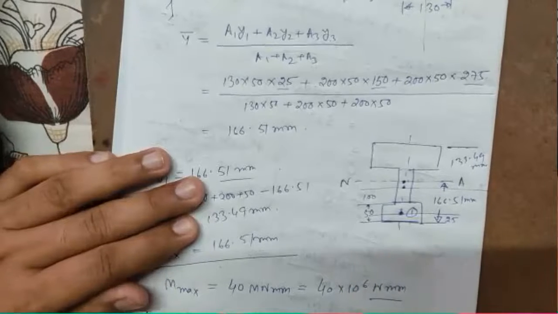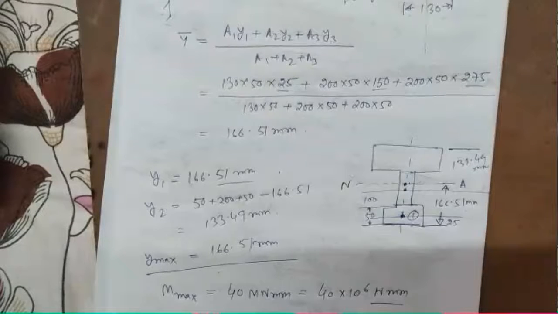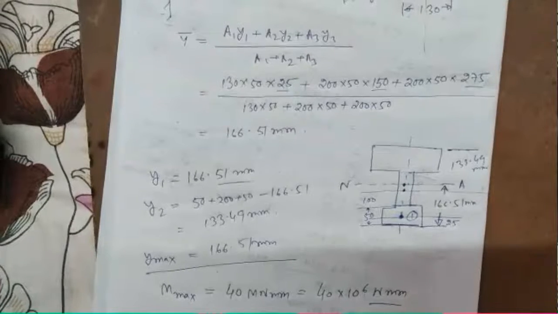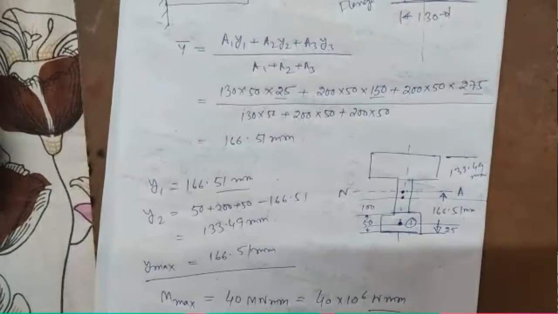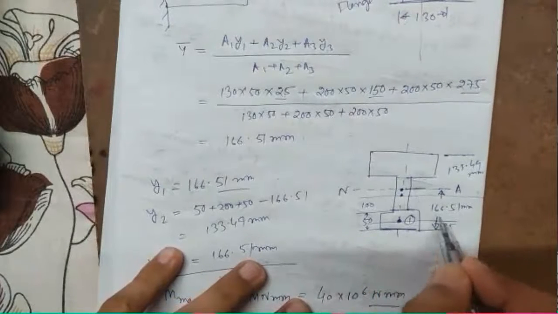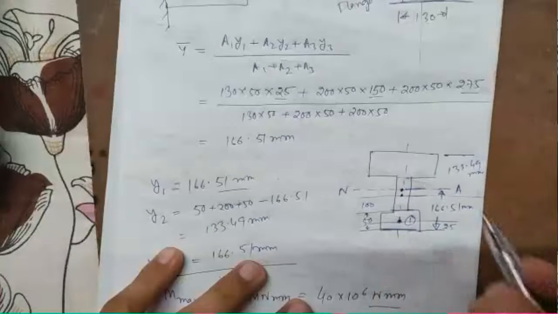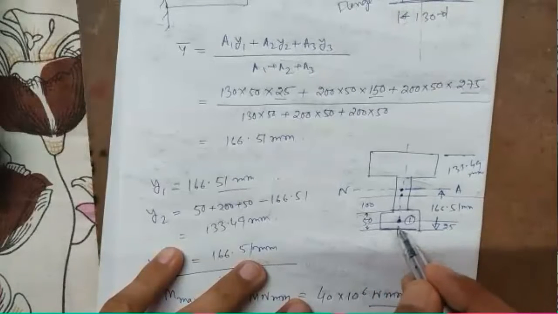So the own centroidal axis of section 2 will be at a distance from the bottom of 150 millimeter, and the neutral axis of the whole section is at a distance of 166.51. So up to this it is 166.51, up to this it is 150, because this is 100 and this is 50.